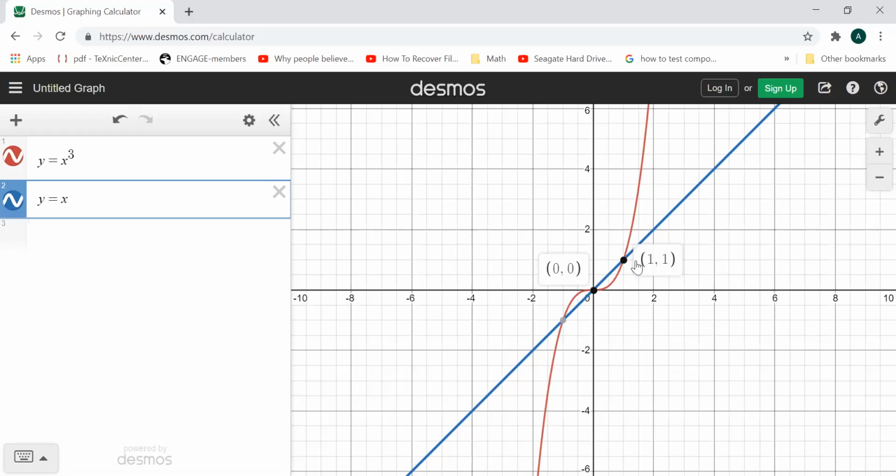Now, what is that going to look like? Well, that's going to look like these, folks. So when you rotate the line y equals x above the x-axis, you get an ice cream cone.